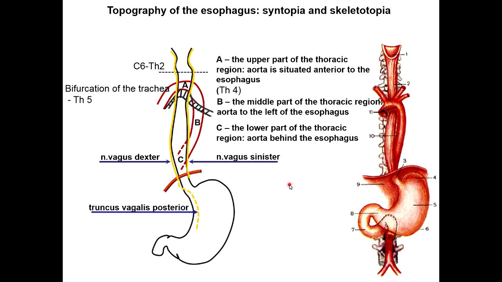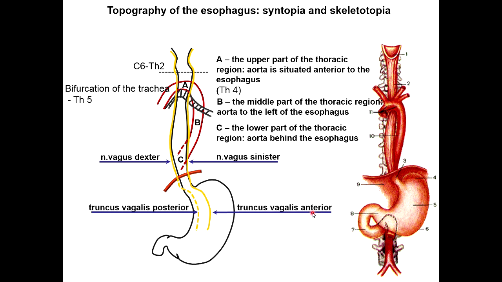Nervus vagus sinister in the abdominal cavity is situated on the anterior surface of the corpus ventriculi, and that's why it is called truncus vagalis anterior.